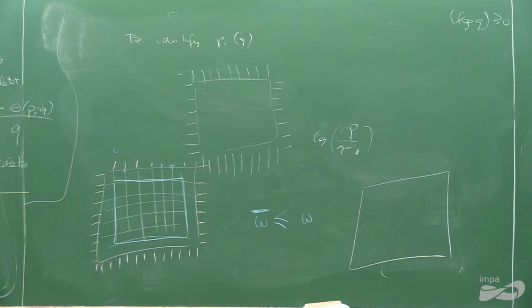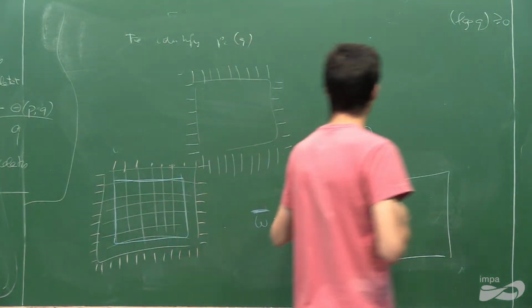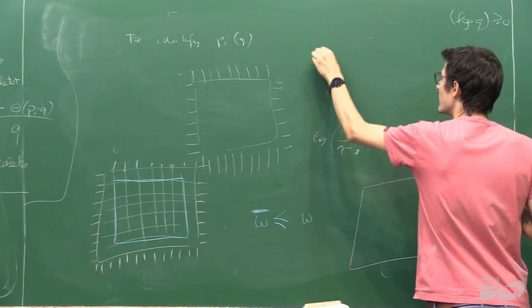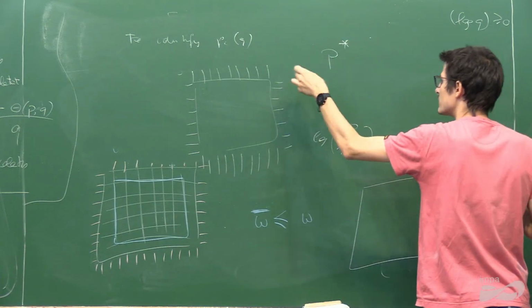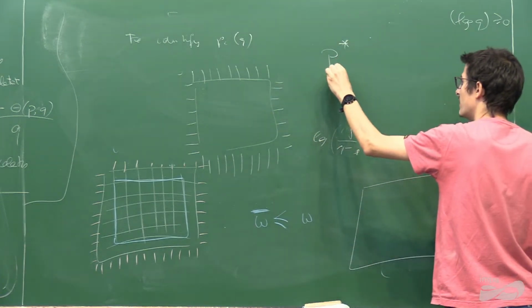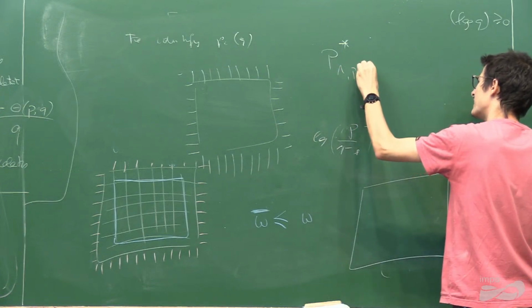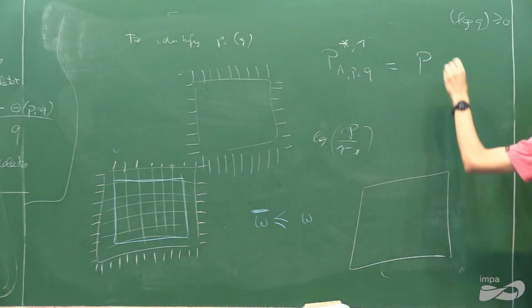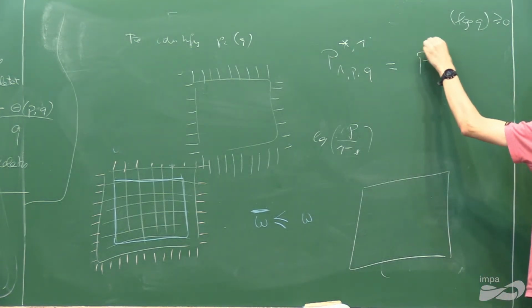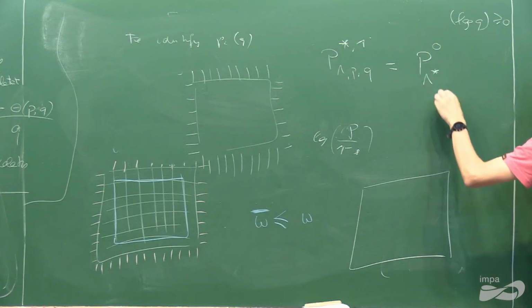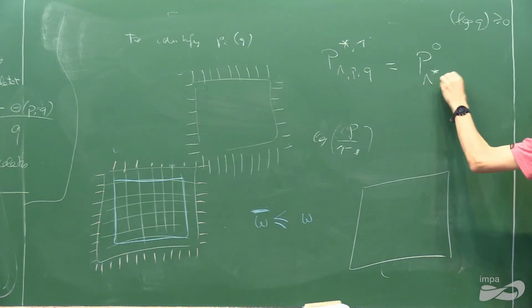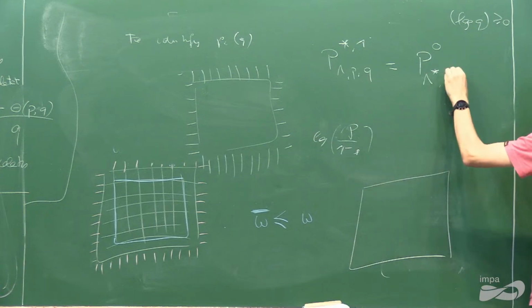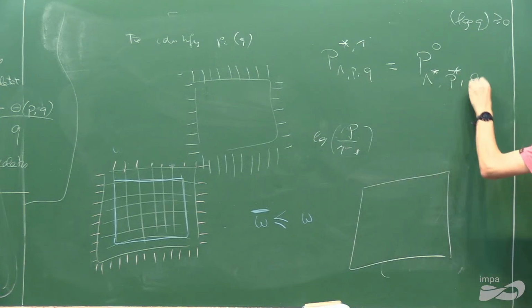Yeah, the thing is that there is a special value of p for which, well, if you want the dual process, P star of p, q is equal to P of p star, q. Okay, so what you have is this.